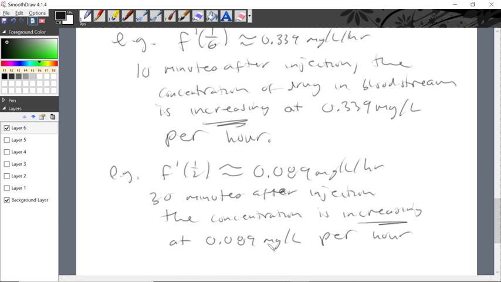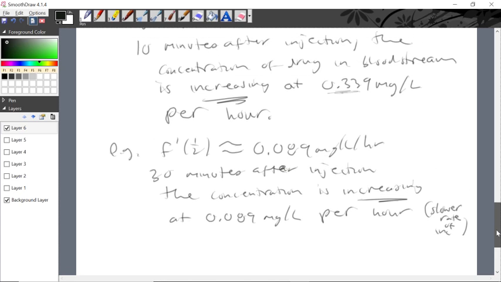Is it increasing at a faster rate or a slower rate than previously? It was increasing at 339 milligrams per thousand liters. Now it's 89 milligrams per thousand liters. So it is a slower rate of increase.